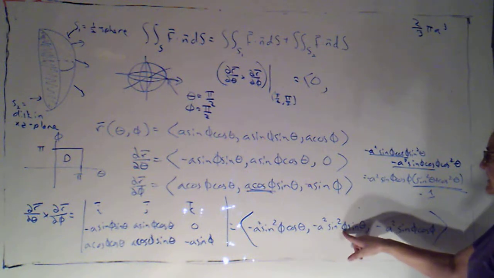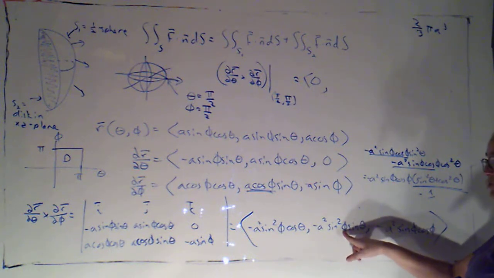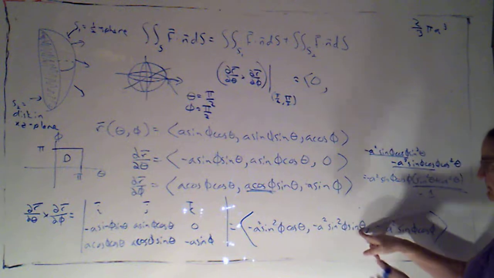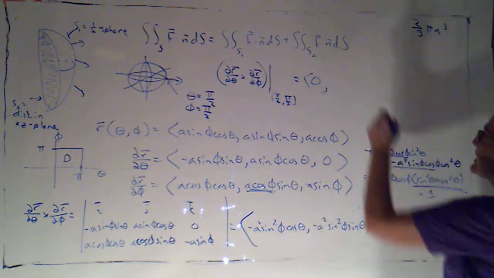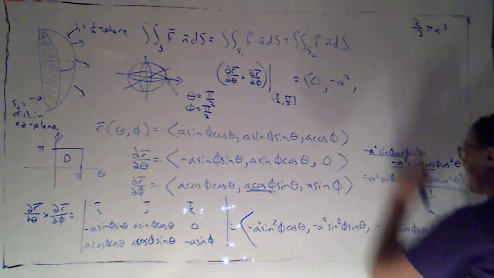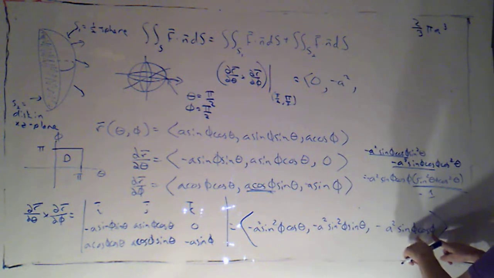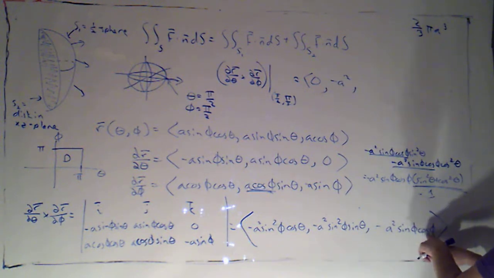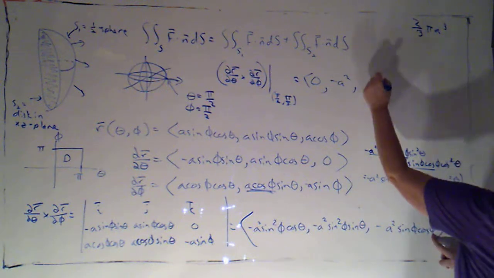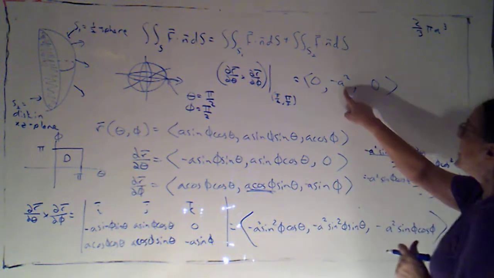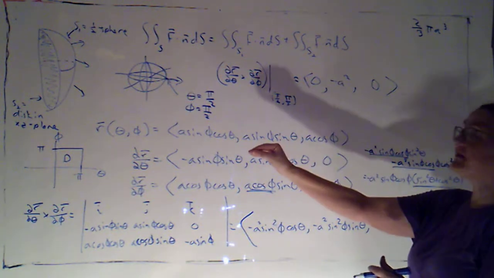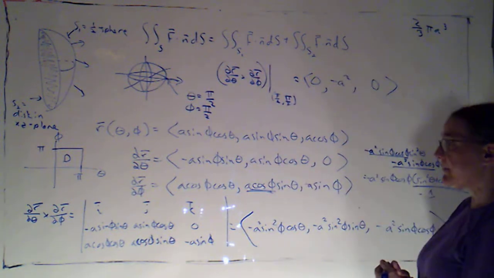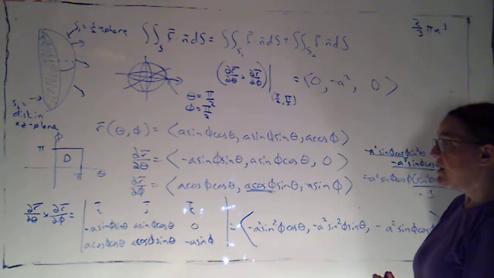Let's see. Sine of pi over 2 is 1, and I'm squaring that. Sine of pi over 2 is 1. So I've got 3 factors of 1 here times a negative a squared. Okay. And then here, cosine of pi over 2 is going to be 0, so that third component is 0. So this has a negative y component. It's pointing to the left.